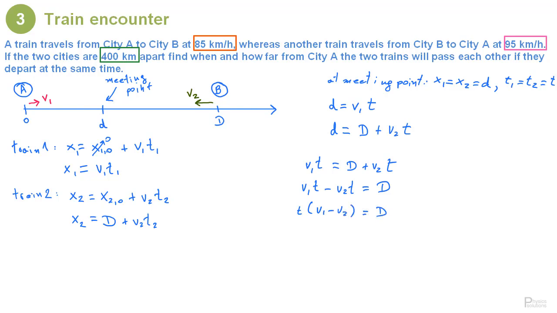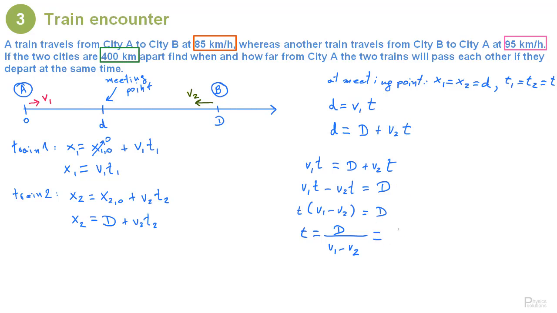Just a simple factorization. And now I pass this to the other side of the equation. In other words, I divide the two sides of the equation by this term. So t becomes D divided by v1 minus v2.